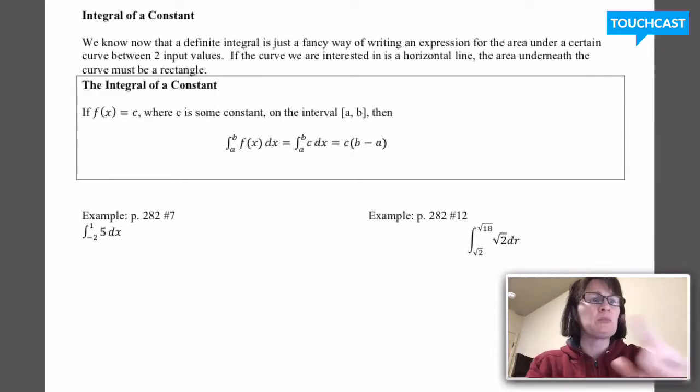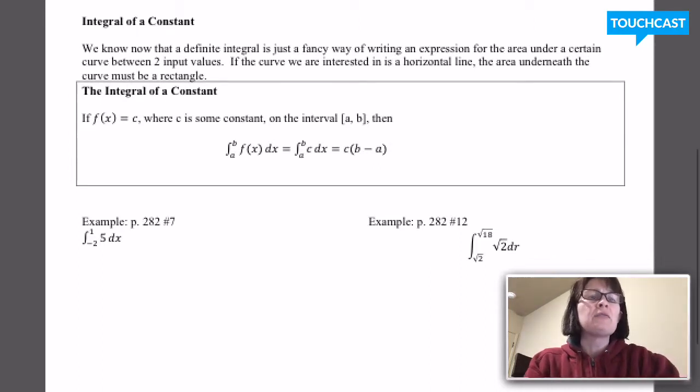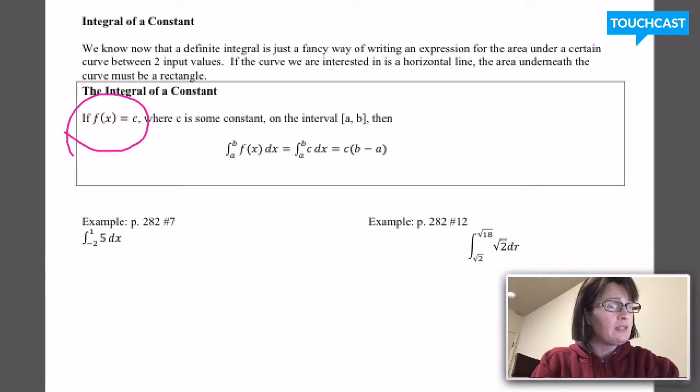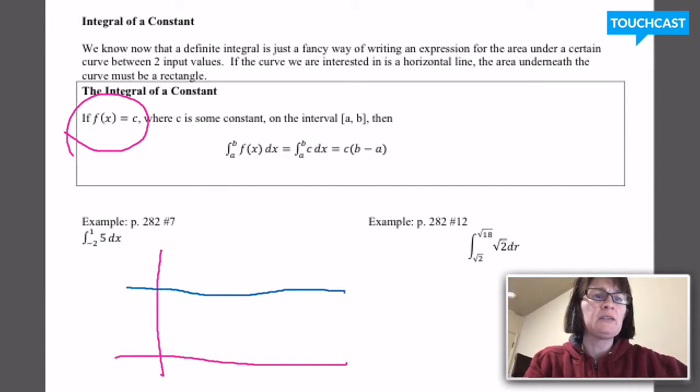I hope you'll see the connection between the geometry we've been practicing and how to find the area under this special kind of curve. If the function that I'm going to find the area under is a constant, watch what happens. If I have my axes and some curve, f of x equals c, or in your function booklet it was f of x equals a.